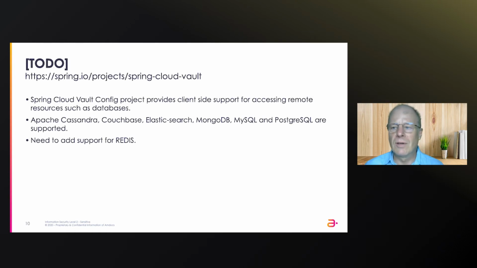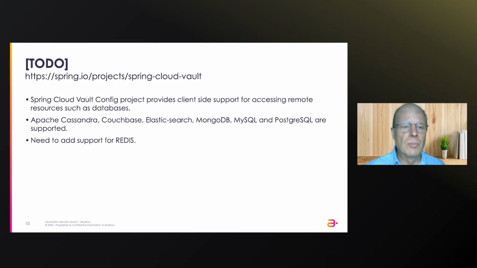These are the things I still need to do. There's a sort of sister Spring Cloud Vault config project that supports accessing databases with credentials from Vault through the Spring Cloud framework.